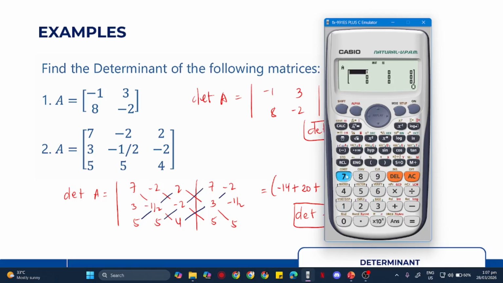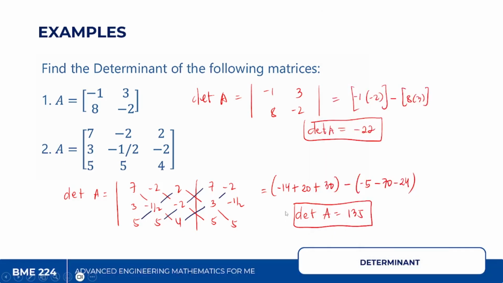That is 7, negative 2, 2, 3, negative 1 half or 0.5, then negative 2, then 5, then 5, then 4. Press AC, shift matrix, then look for the determinant, 7, shift matrix, then matrix A. And that is equal to 135, which is correct.